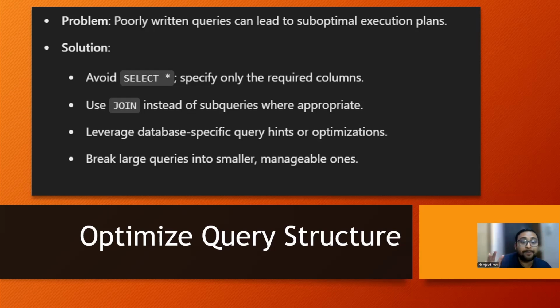And we have to break larger queries into smaller manageable queries. You should not put all the big queries in one go. Rather, you can break them into small queries and create the relationship between the queries. If you write queries that way, it increases the performance of the entire system, because if everything is written in one single query, then it has to go through each and every part, right?